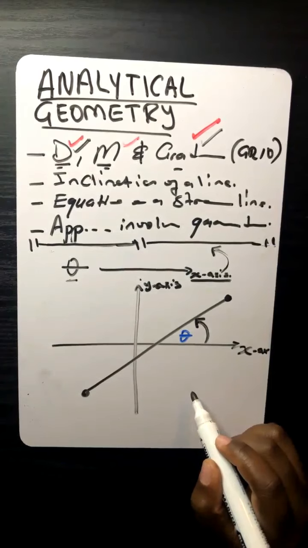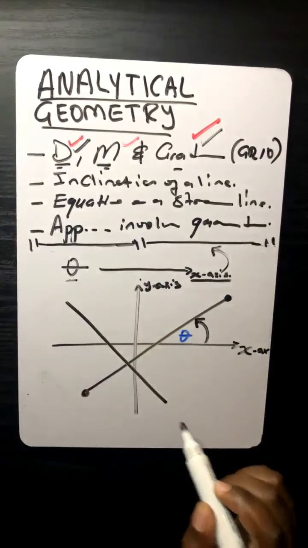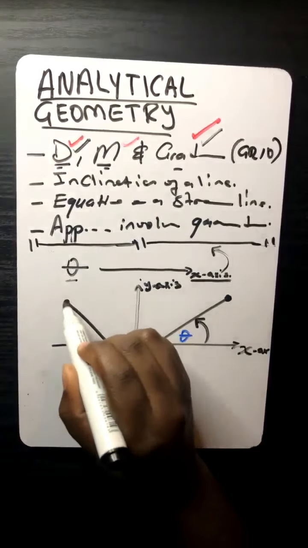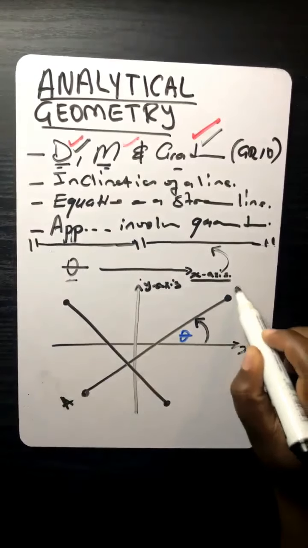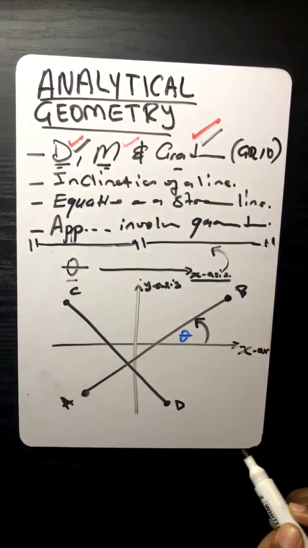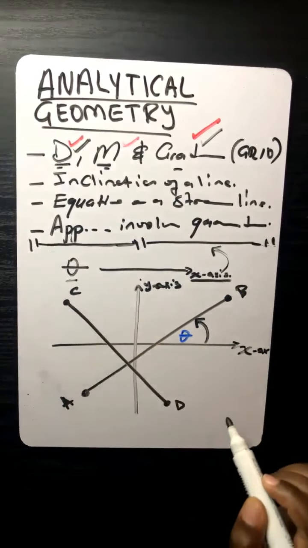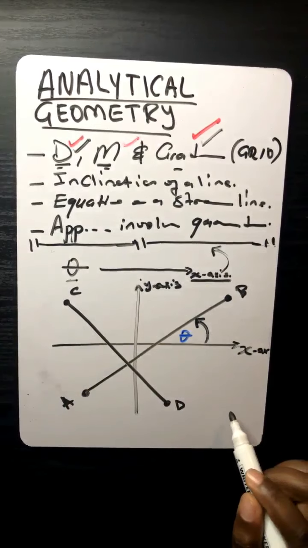Let's say we have two points, A and B, and this is C and D. You just need to be aware of which angle is being formed as a result of that line when we talk about inclination of a line.